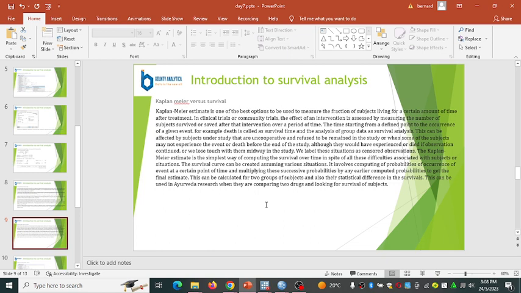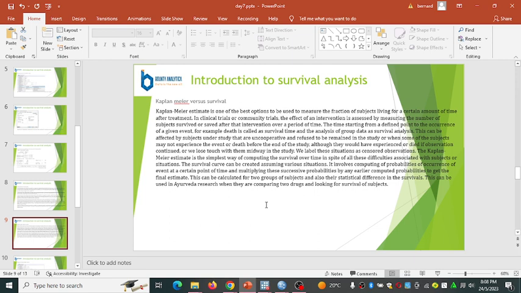So in clinical trials or community trials, the effect of an intervention is assessed by measuring the number of subjects survived or saved after that intervention over a period of time. That is the Kaplan-Meier estimate.